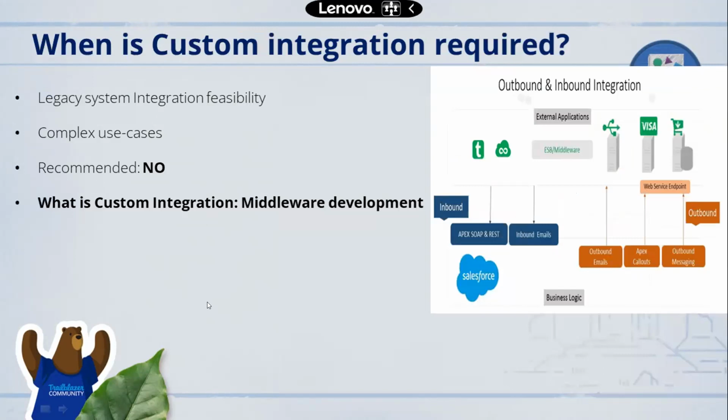And then there is custom integration. Now, what is custom integration and when is it required? This is when, for example, your legacy system or your ERP or your CRM is a complete custom CRM that you've developed in-house.